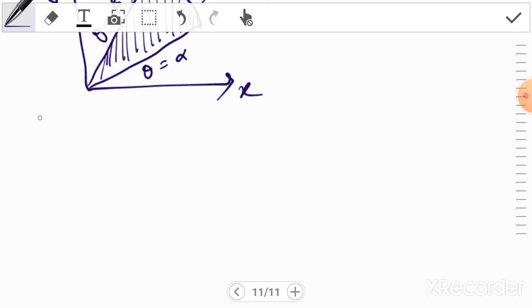Okay. Next is length of the curve or arc length.